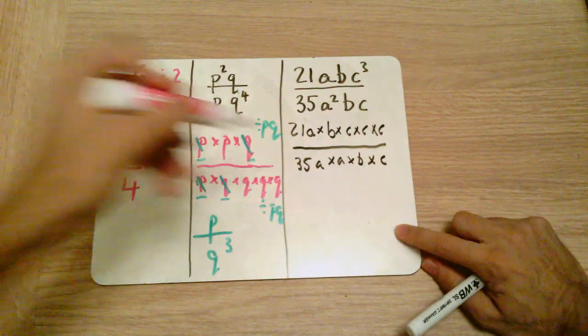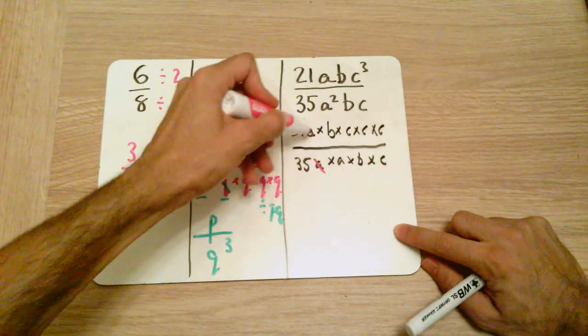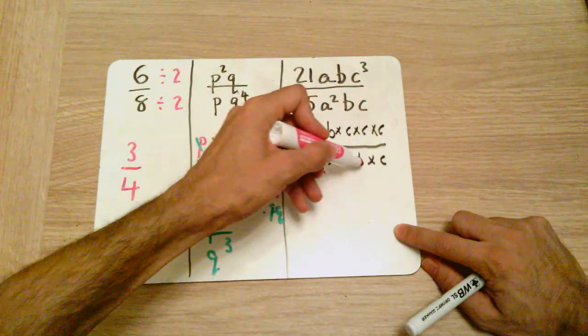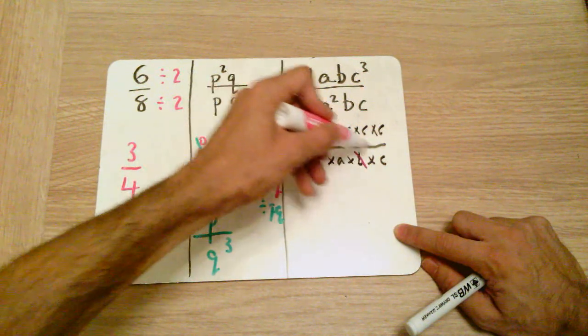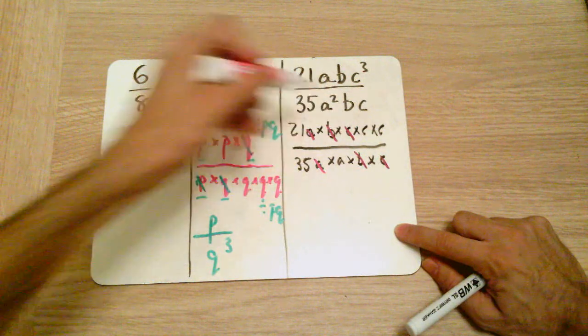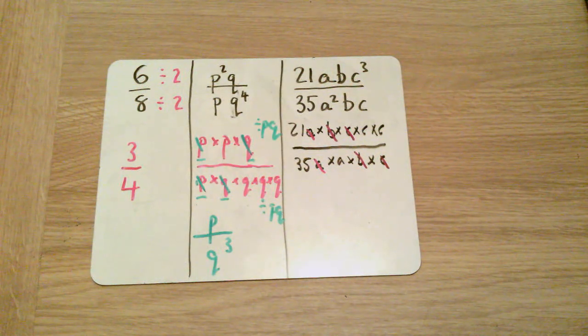The A cancels with this A. The B can cancel with this B, and one C can cancel with one C.